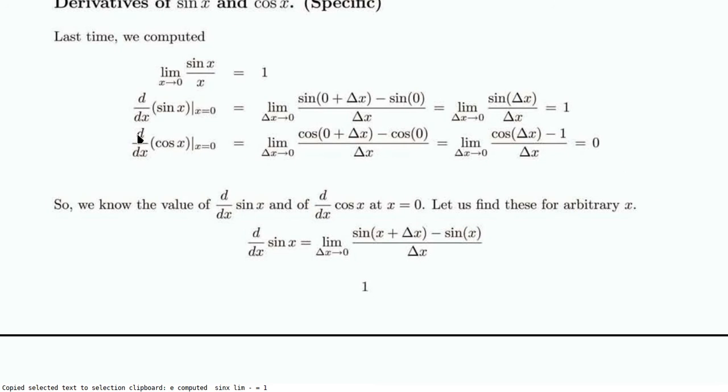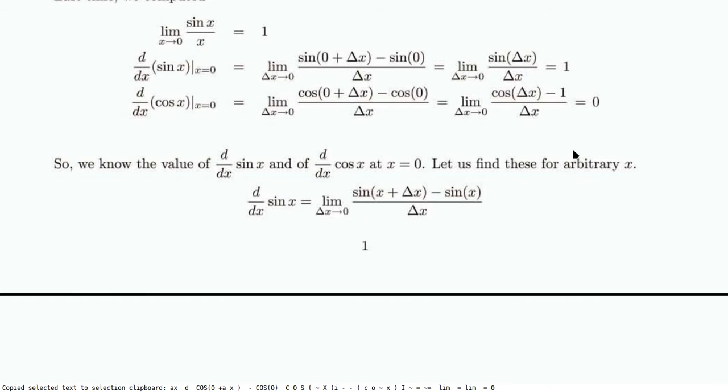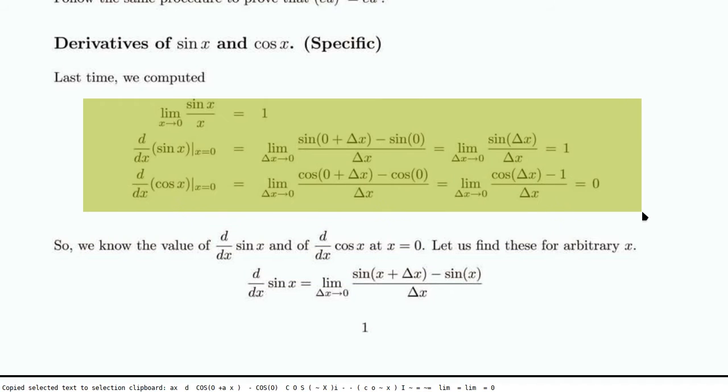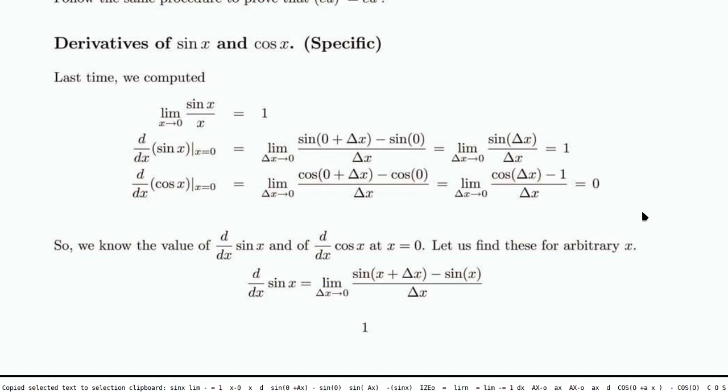Yeah, and they do the same for d by dx of cosine x evaluated at 0. They use cosine x minus 1 over delta x, which goes to 0. So the goal with doing this is that if you can evaluate the derivative of this function at x equals 0, you get some kind of idea about how it will be like.